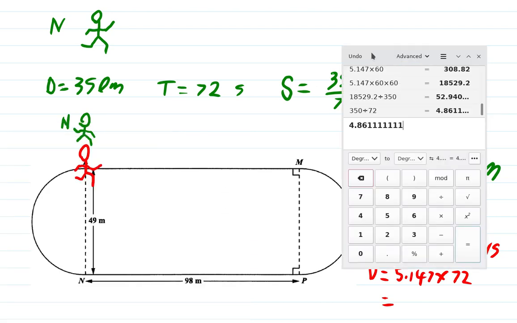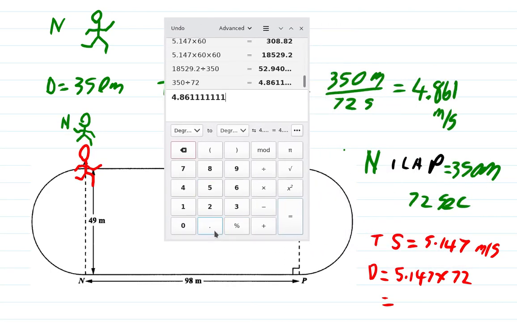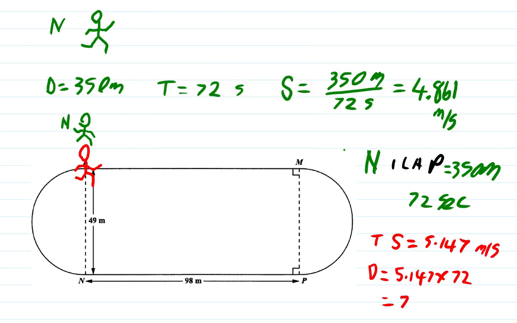So 5.147 times 72 seconds equals 370.584 meters.